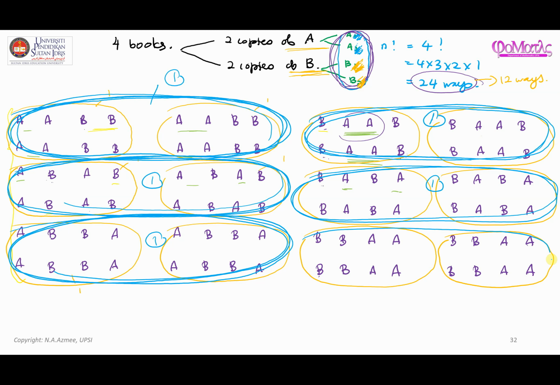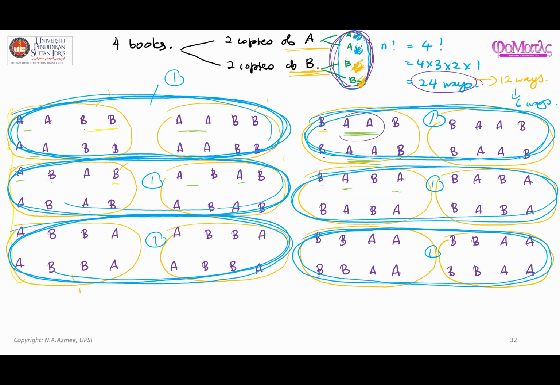Finally, this is the last different arrangement possible. Okay, and you can see that now we have reduced the number of ways from 24 to 12, and now it is down to six ways.